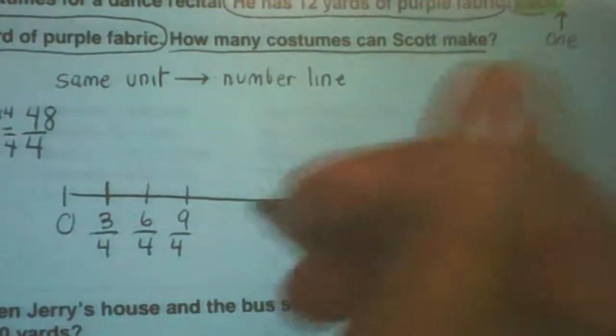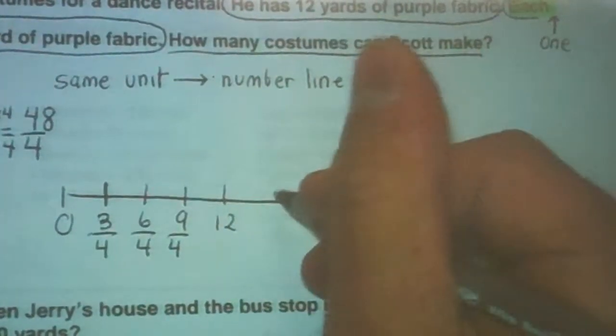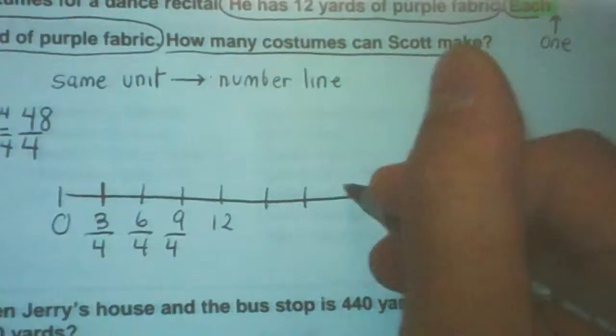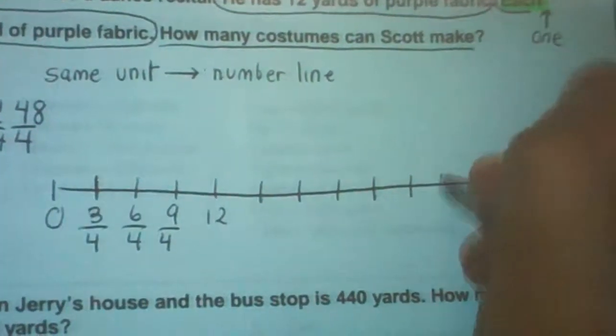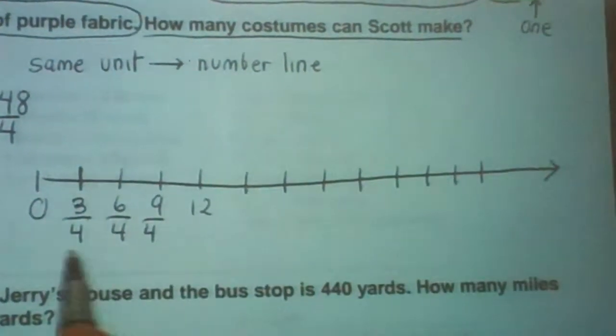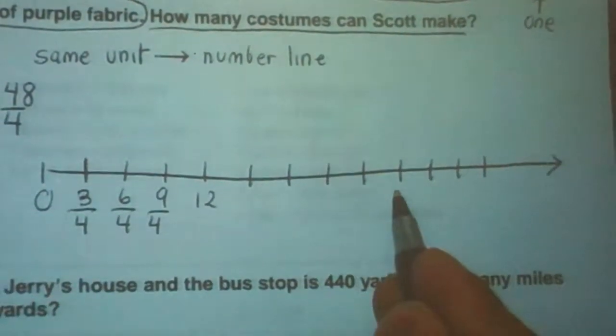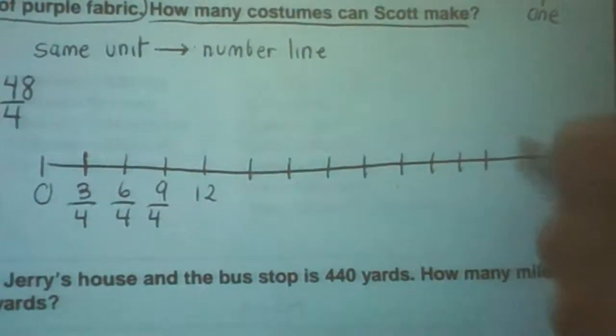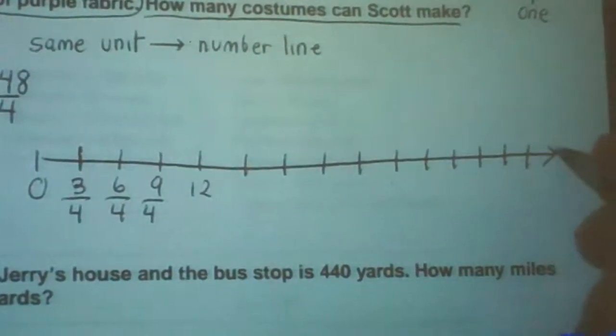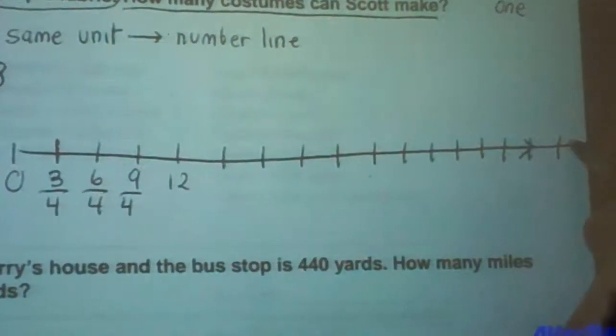Okay, if you're back, you should have rolled this all the way out to 48/4. 3, 6, 9, 12, 15, 18, 21, 24, 27, 30, 33, 36, 39, 42, 45, 48. This was extremely long.